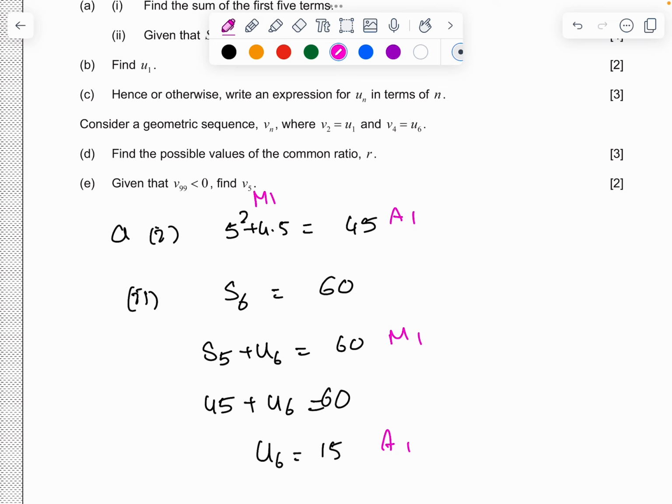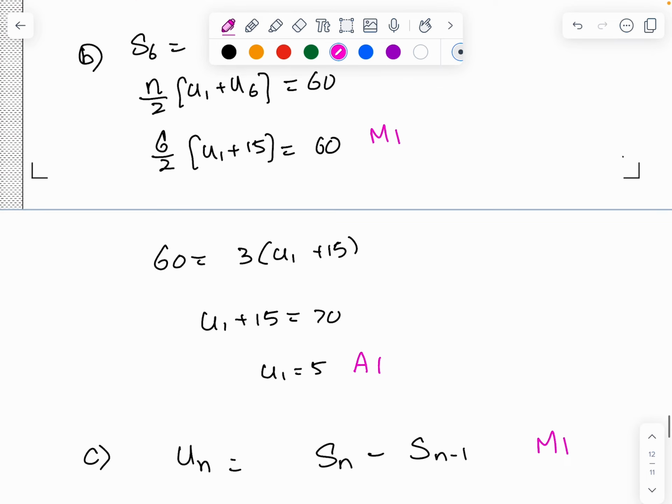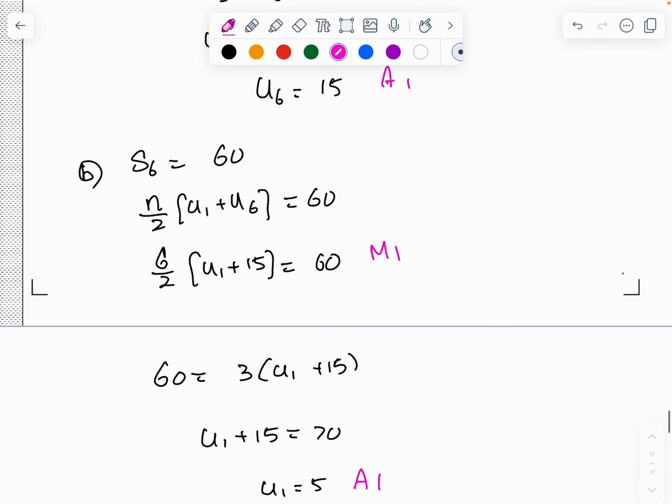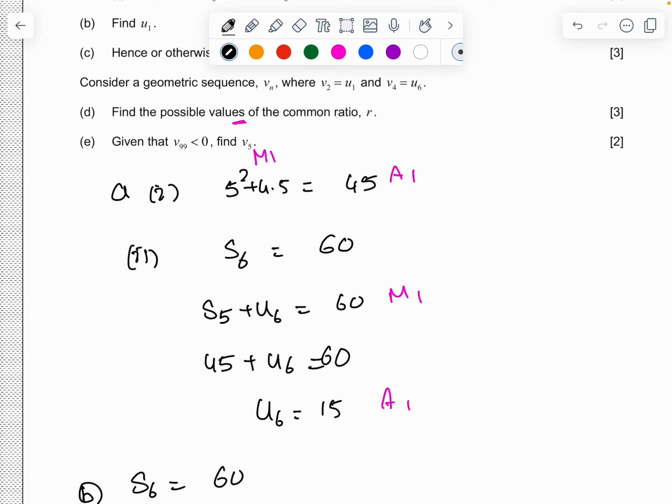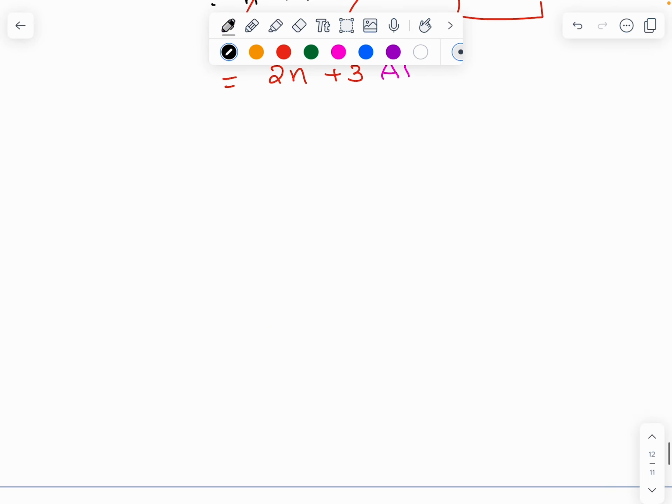Consider the geometric sequence Vn, V2 equals U1 and V4 equals U6. Find the possible values of r. V2 times r square will be equal to V4.